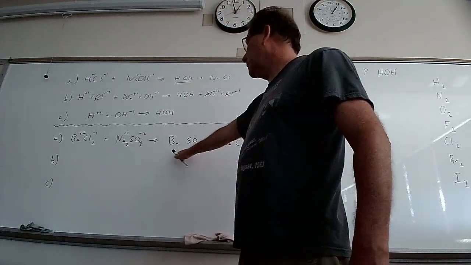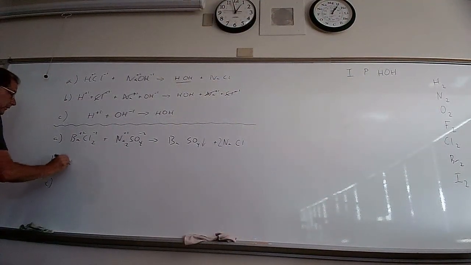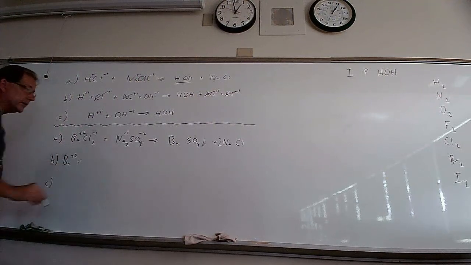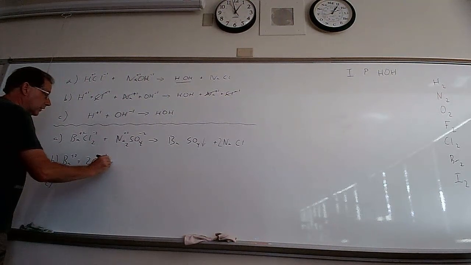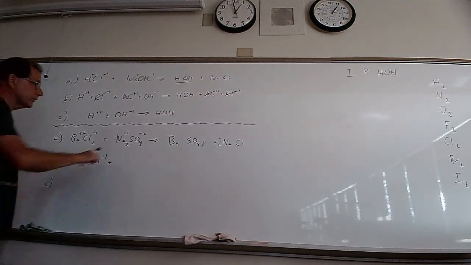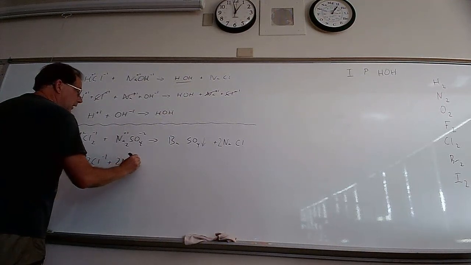So when I get to step B, this stays together, this splits apart. And remember, everything here gets split apart. So I write down Ba with a charge of plus 2. Do I write down Cl2 or 2Cl? I write down 2Cl. Don't forget the charges here. That's what a lot of students do. 2 Na, not 4SO, but SO4.